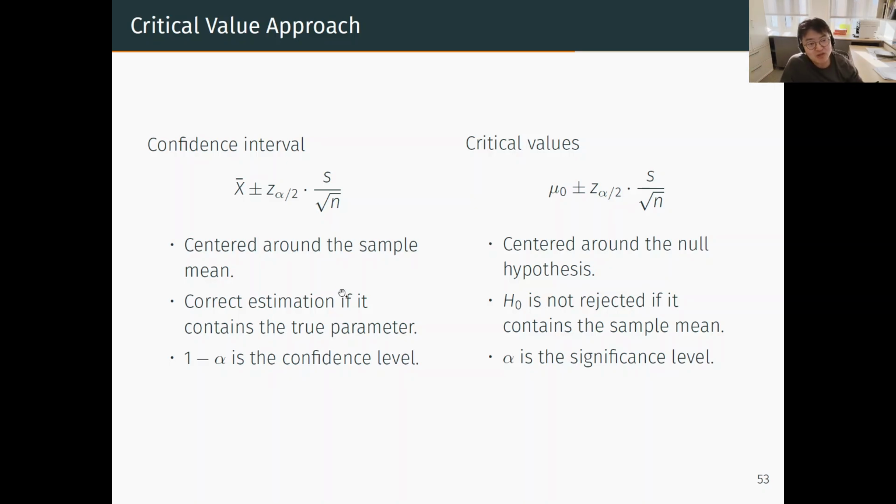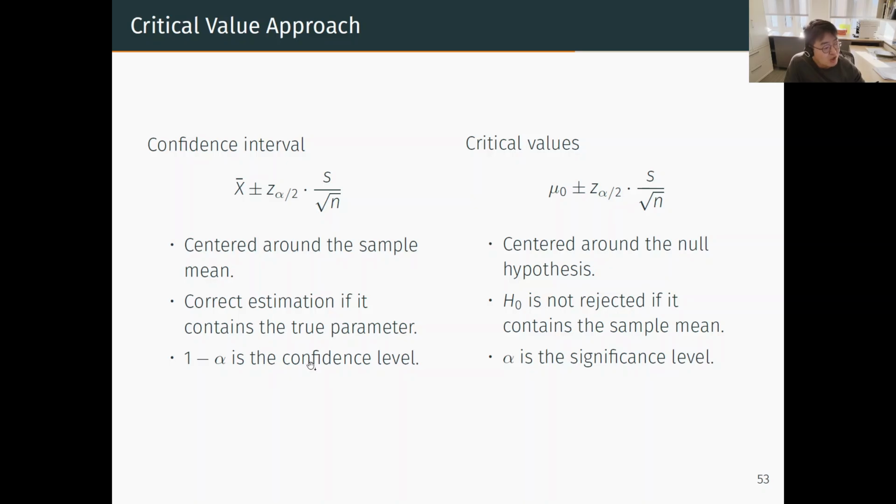Finally, notation is really annoying. What is good is that alpha is consistent. We use alpha here and here. They are the same thing. Alpha in the estimation is the error probability, the probability that this interval does not contain the parameter. And here in critical values, alpha is the probability that you reject the null hypothesis, right?